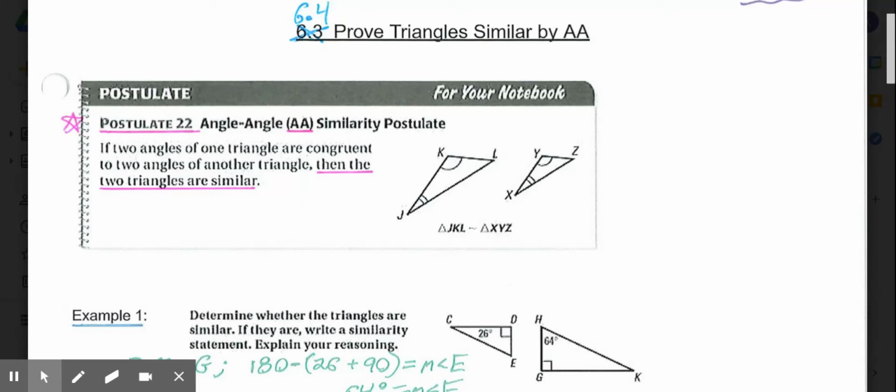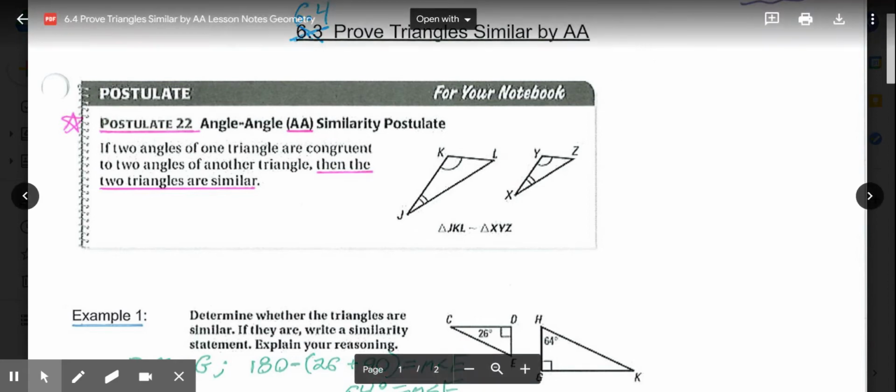Welcome to lesson 6.4, prove triangles similar by angle similarity postulate, which we can shorten to AA. So we're proving triangles similar by angle similarity.